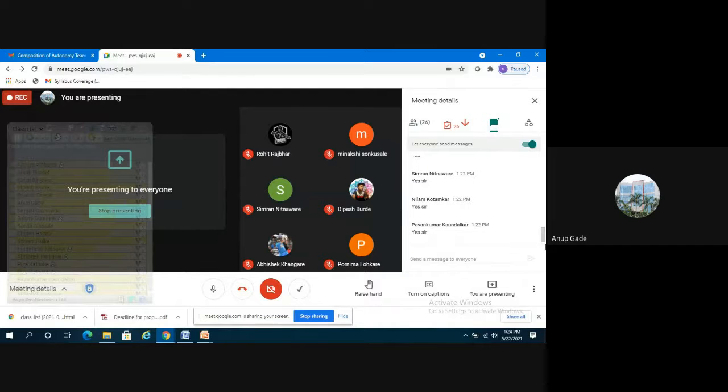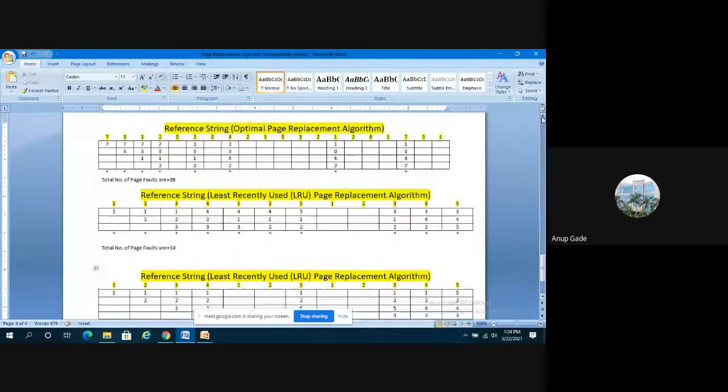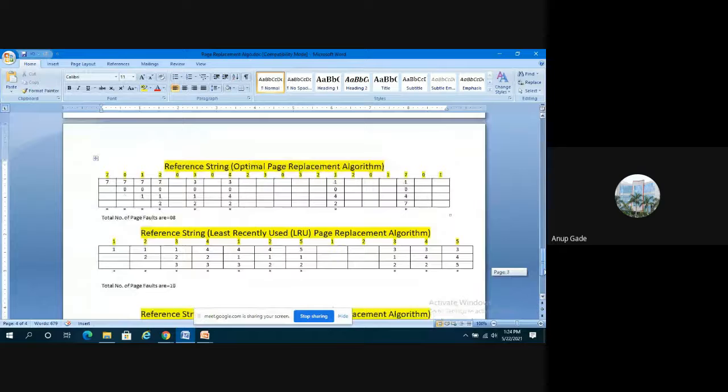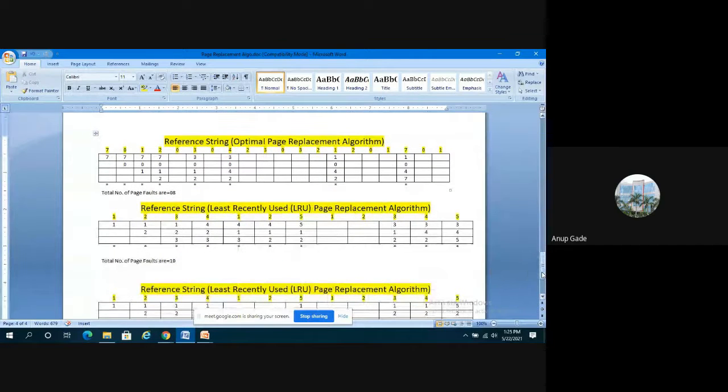Okay, so I hope you have understood it. Now please apply the same algorithm for this particular string, the one with 7 at the start. Use 3 number of frames and 4 number of frames, and tell me the number of page faults.